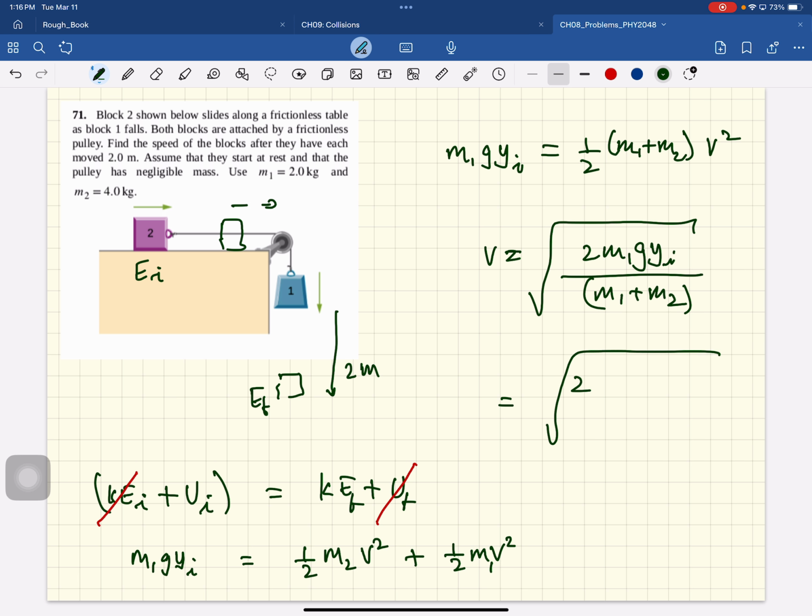So 2 into 2 into 9.8. And what is y initial? 2 meters. And m1 plus m2 is 2 plus 4, 6.